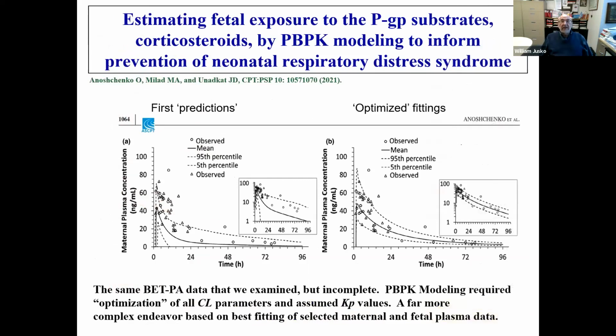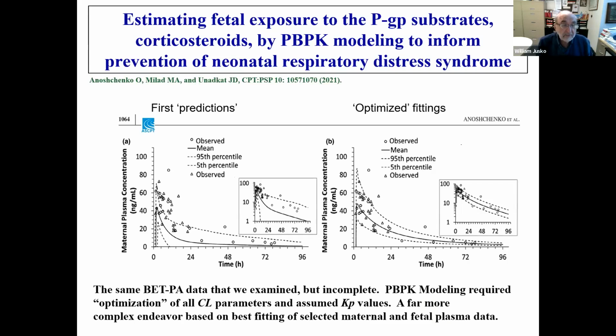All right. Lastly, I mentioned that a full PBPK model has been enacted for beta and Dex. So these investigators have published a very comprehensive, exacting assessment of the possible physiological pharmacokinetics of these steroids in pregnant women.